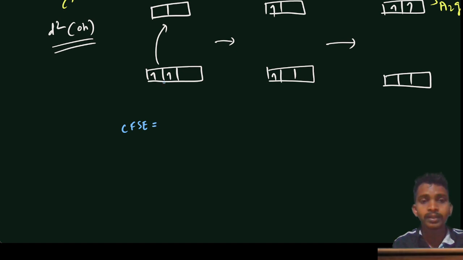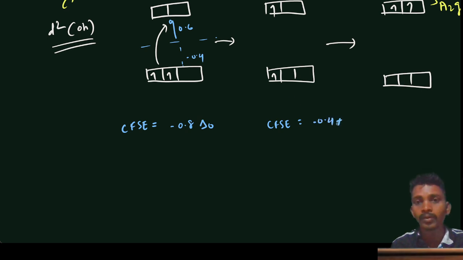If I calculate, this is 0.6 octahedral, and this is minus 0.4. So this is going to be minus 0.8 delta octahedral. Okay, here the CFSE value is minus 0.4 plus 0.6, which is going to be 0.2 delta octahedral.